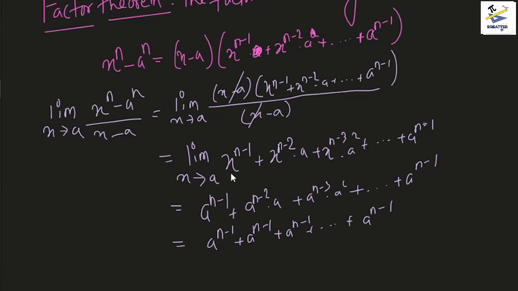And how many of them are there? There are n of them, because the power starts from a to the power 0 and ends at a to the power n minus 1, so from 0 to n minus 1 inclusive there are n terms, right? So it becomes n into a to the power n minus 1, which is the answer, right?